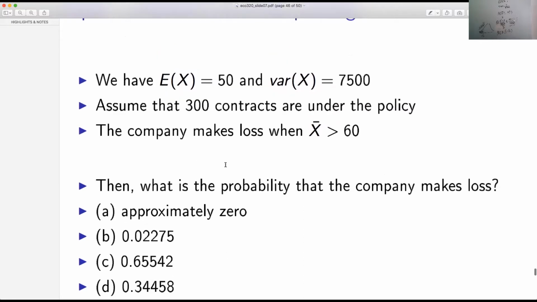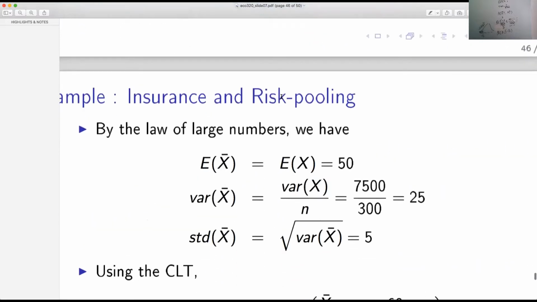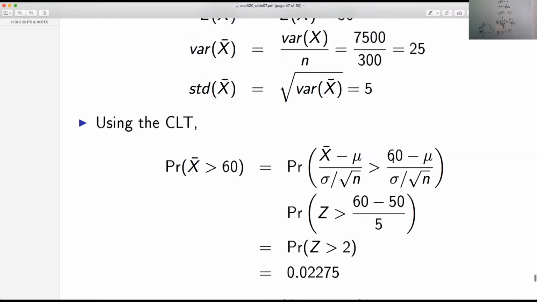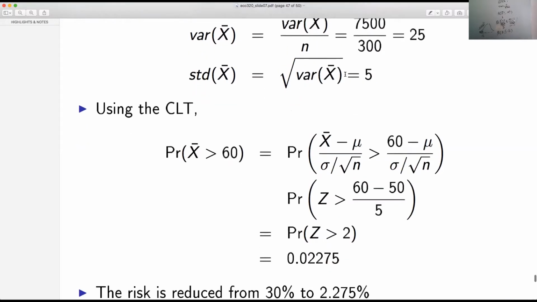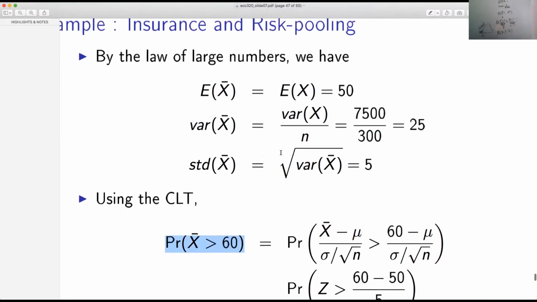I will leave you the answer, but by now, given this, you should be able to get the expected value of X bar and the standard deviation of X bar, to calculate or standardize it. We went over this a lot in the previous chapter, and by the central limit theorem, this is what you're looking for.